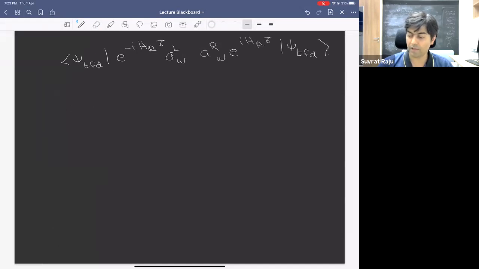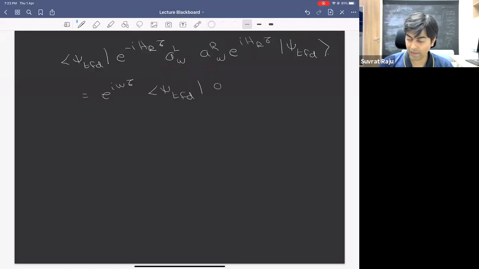You pick up a phase because the right Hamiltonian commutes with A_L, but does not commute with A_R, right? So the right Hamiltonian is going to exactly commute with A_L, but not with A_R. And therefore, this will just give you some factor of e to the i omega tau times the original term.